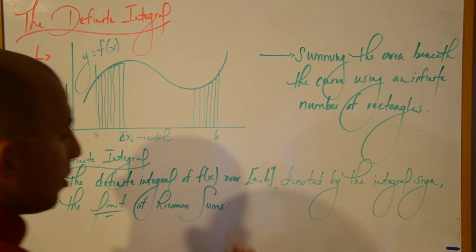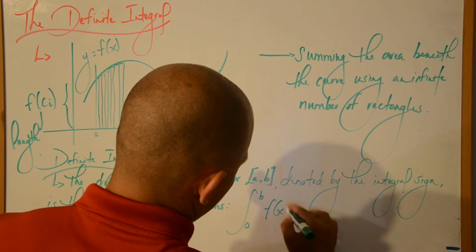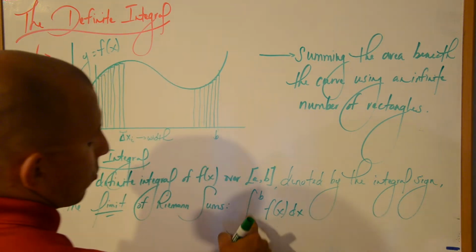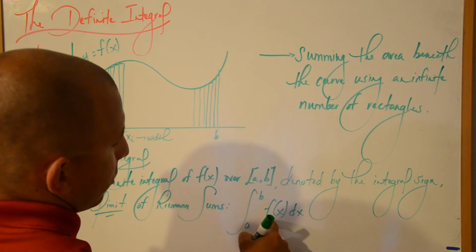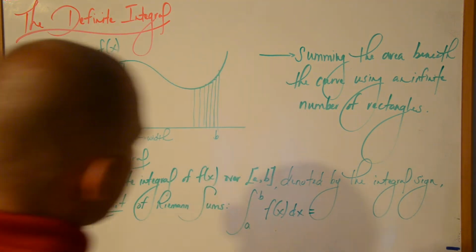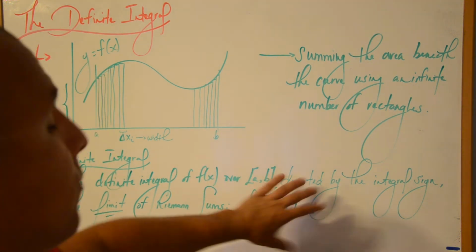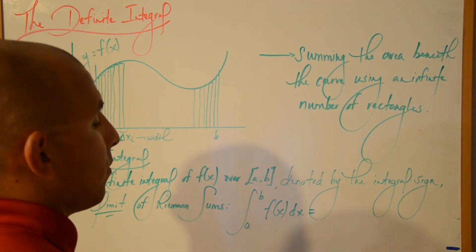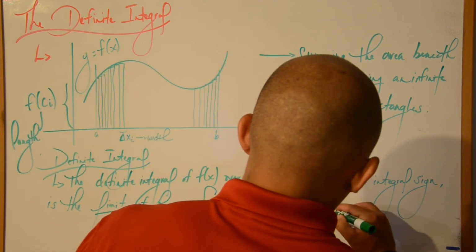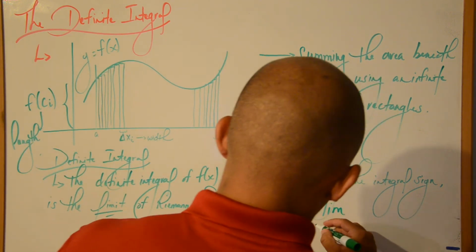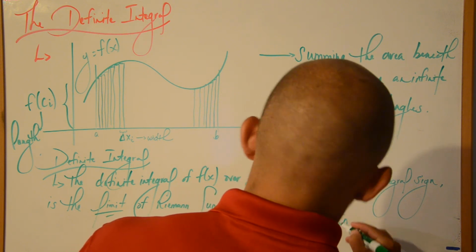But okay, when we have a definite integral, so the integral over a closed bounds from a to b of a function, what's really happening, okay? So what you'll actually be doing, and if you were to type this into some type of mathematical software, we're really taking the limit as delta x sub i approaches 0.